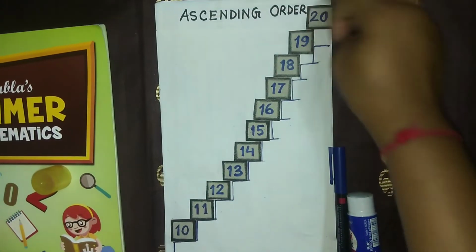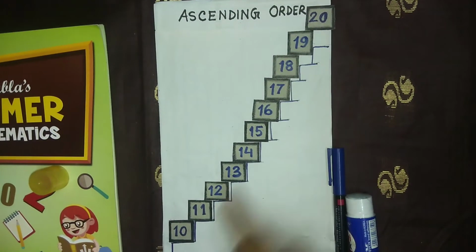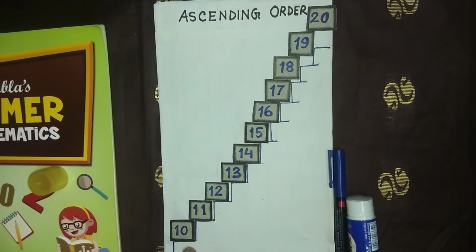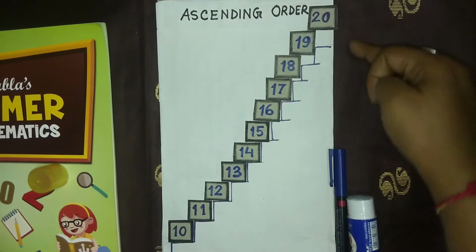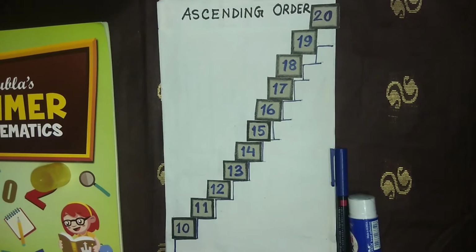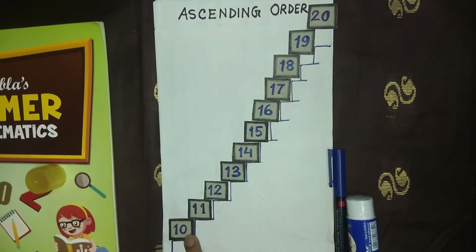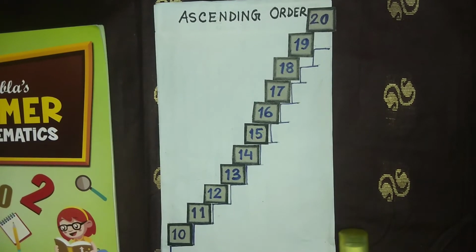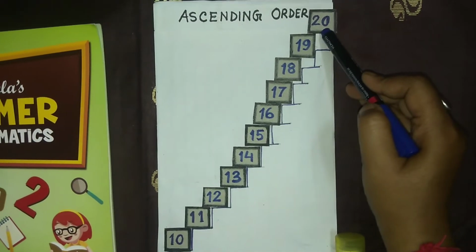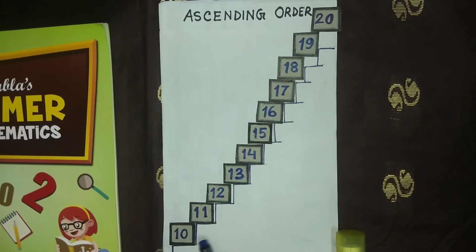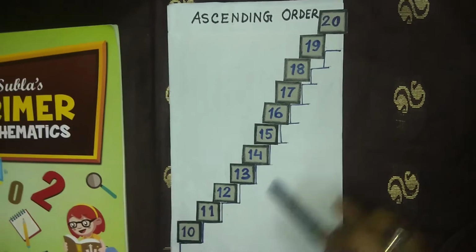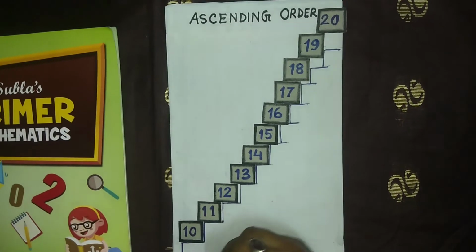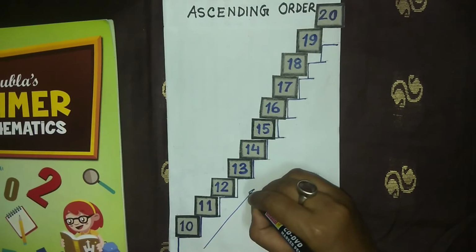Here you can also say which one is the smallest number. I have already told you that it is 10. Here from 10 to 20, the smallest, or least, number is 10, and the biggest number is 20, because we are stepping in the upward direction.